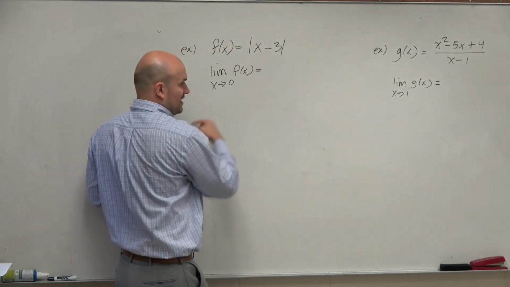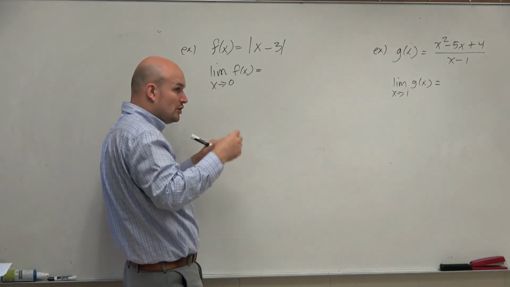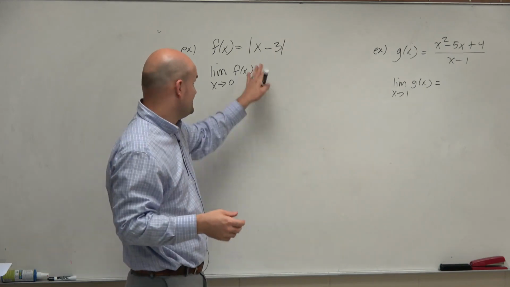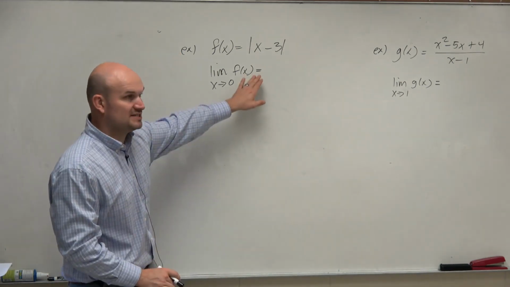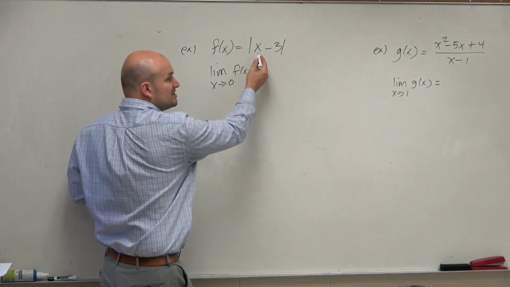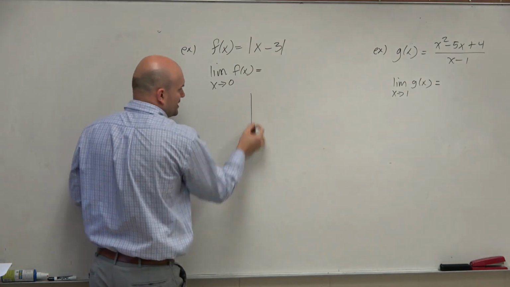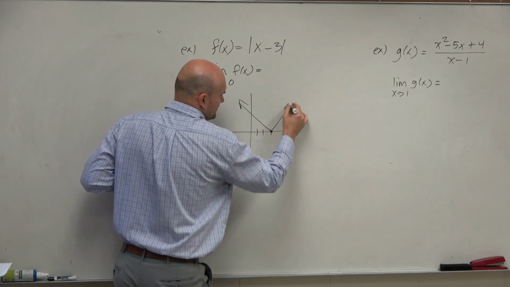Well, we look at the absolute value graph, and we know it's that V-shaped graph. It's continuous. There are no jump discontinuities, and at least in this example, there are no holes. So we know that this graph is continuous on all values. Would you guys agree? And you should just notice it's the V graph shifted 3 units to the right. So I could even sketch this 1, 2, 3, like this. And that's what the graph looks like.